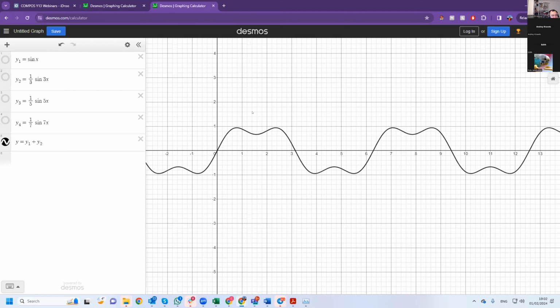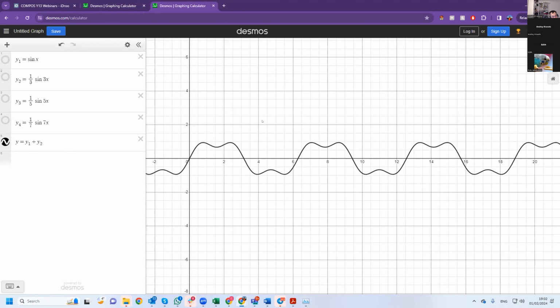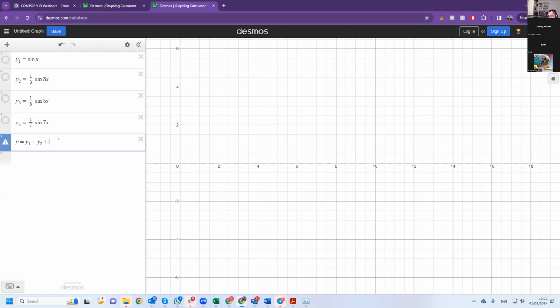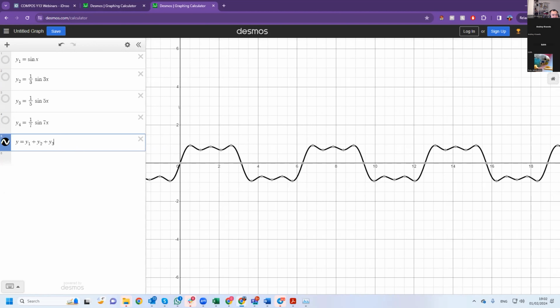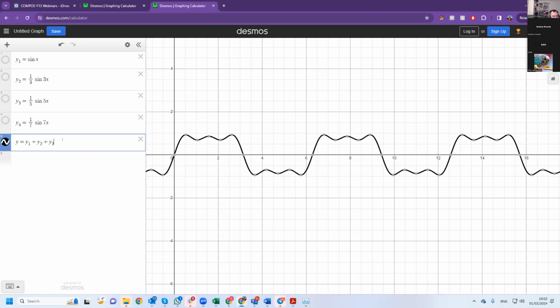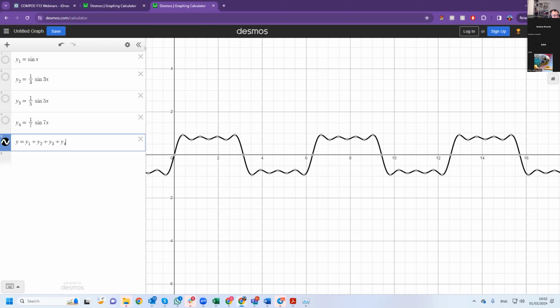You can see it's still a periodic function, but it's different. Plus y3. Interesting. And plus y4. So this is sine x plus 1/3 sine 3x plus 1/5 sine 5x.